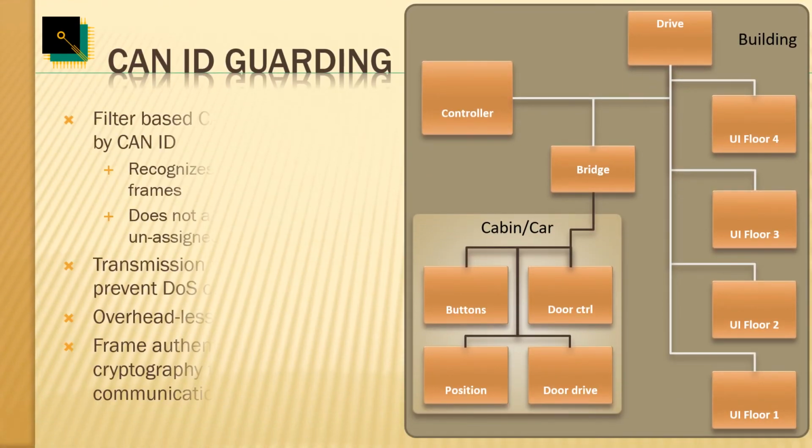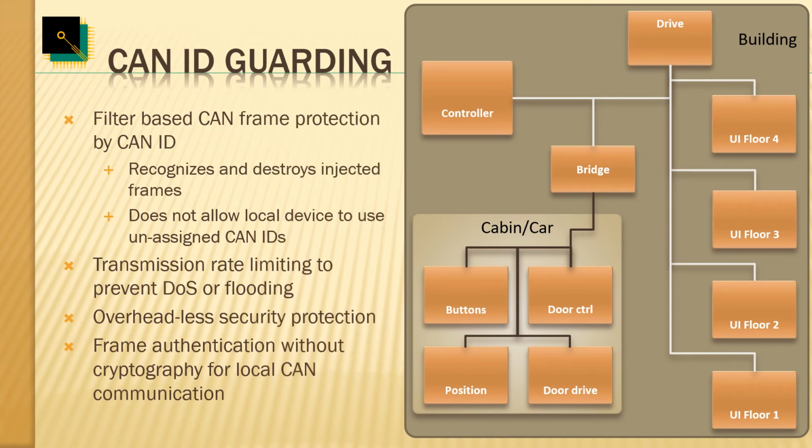CAN ID guarding is implemented in secure transceivers. These transceivers ensure that a CAN frame that does not belong on the network is destroyed by error frames. Now, how does a transceiver know if a CAN frame is allowed to be on the bus or not? Well, it simply protects the CAN IDs used by the CAN device it's connected to.